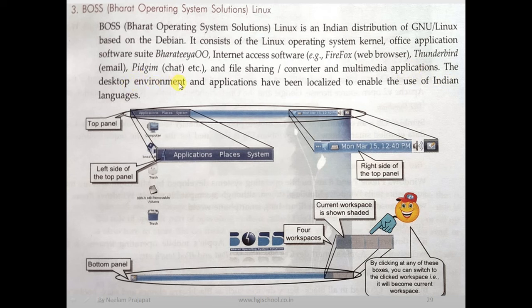The desktop environment and applications have been localized to enable the use of Indian languages, so that people can use it in their Indian language. Okay, you can see its main screen looks like this. It is very much similar to Linux, but only the look and feel has been changed.